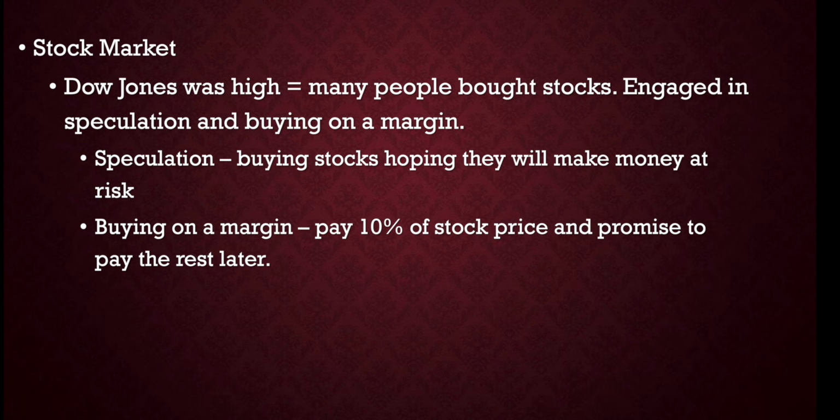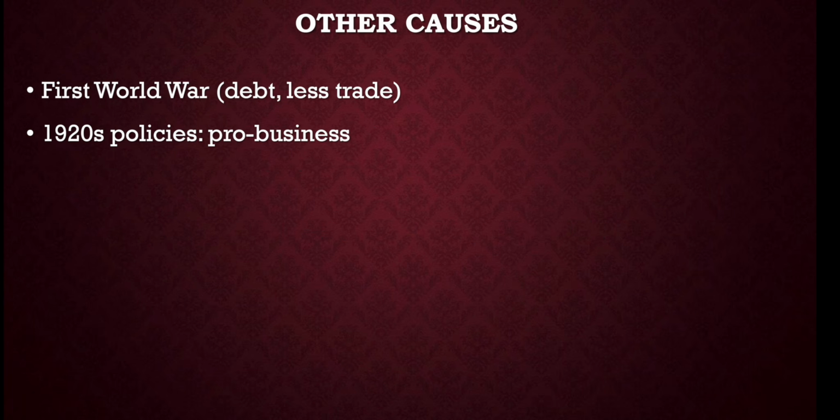Some other causes of the Great Depression was the First World War. There's so much debt around the world, especially in Germany. There's so much debt that these European countries especially are trying to remain afloat. And because they don't have the money to spend on excess goods or foreign goods, there's less trade going on.